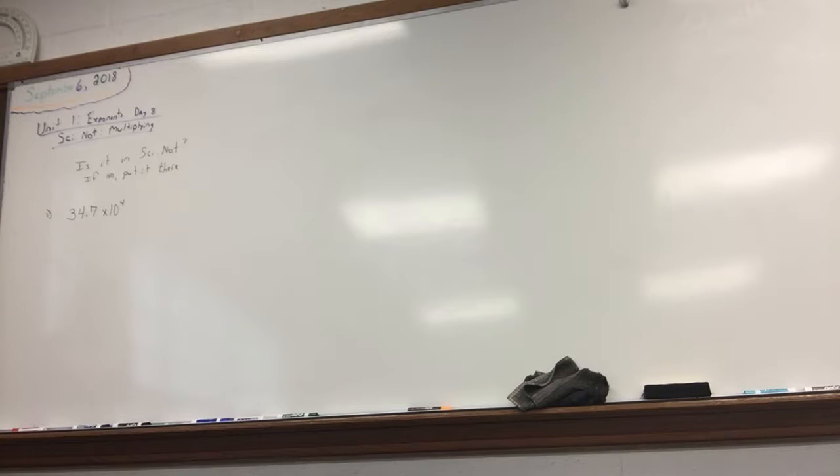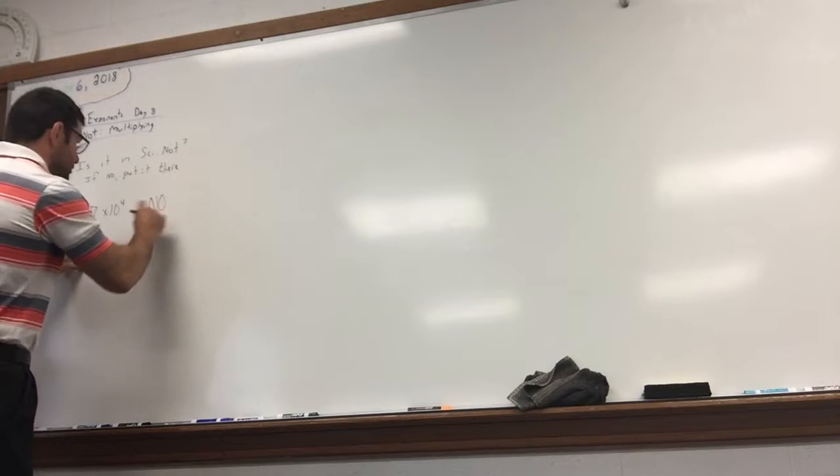No. Be a little bit more confident. No. Who can help him say why it's not in scientific notation? David. It's over 10. What's over 10? 34. 34 is larger than 10. Our first number must be at least 1, but less than 10. So now we can say no.